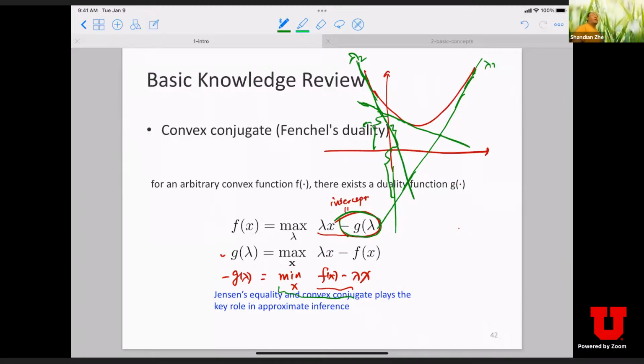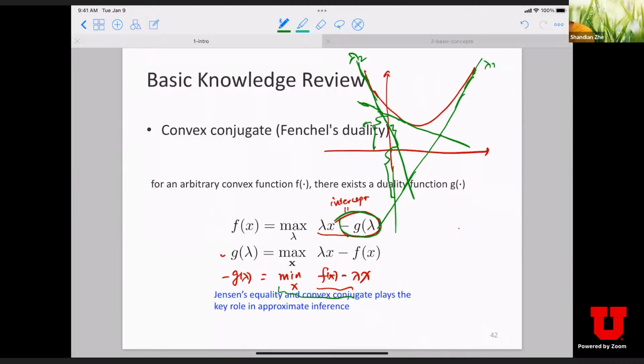How could we say so? According to this definition, minus g of lambda is the minimum of f of x subtracted by lambda x with respect to x.